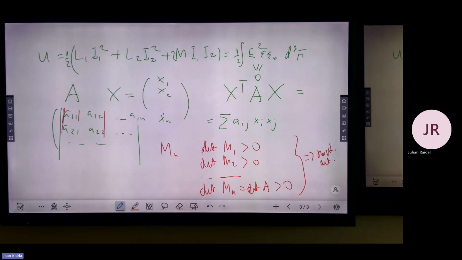we can even divide everything by I2. Let us say then we have I1 divided by I2. Over there we have a quadratic polynomial now for that ratio. And then for it not to go negative, the corresponding quadratic equation mustn't have real solutions.